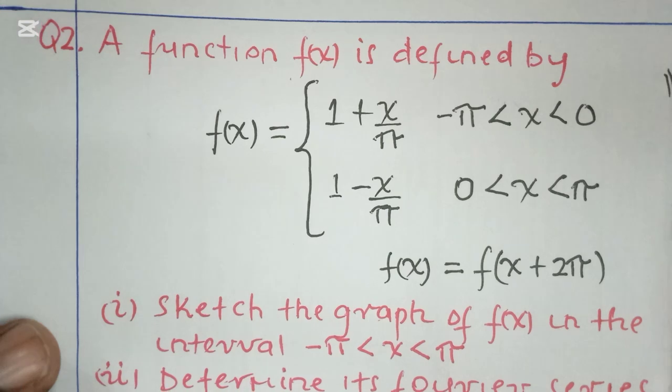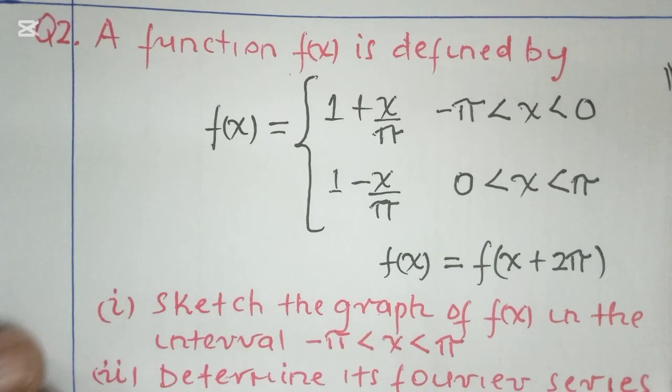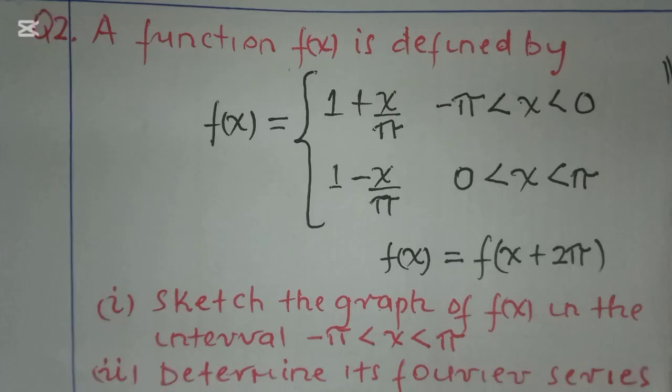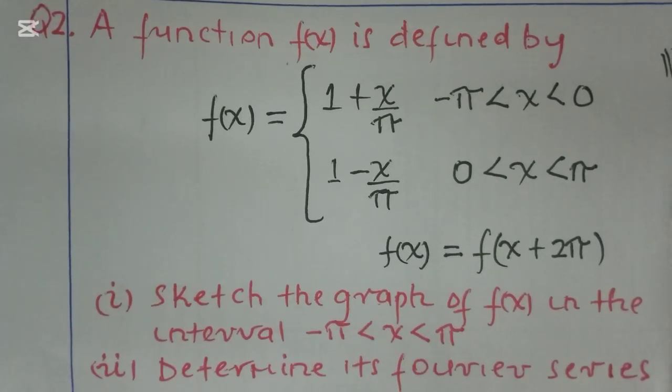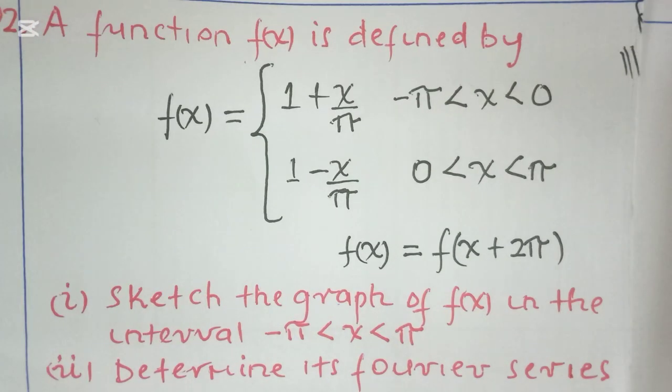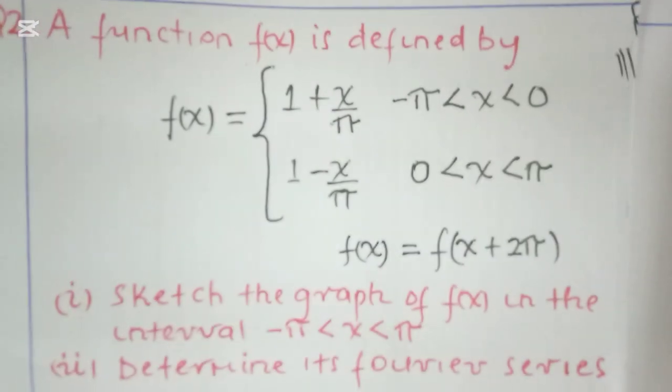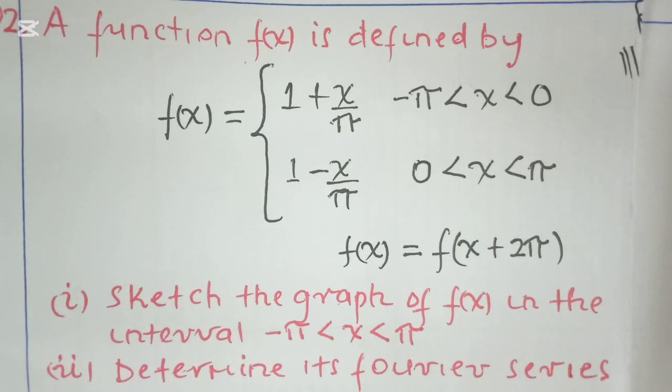Guys, let's attempt this question now. This question is on Fourier series, and first of all, read it. The question states: a function f(x) is defined by f(x) equals 1 plus x all over pi, with limits negative pi and 0, and then 1 minus x all over pi, with limits 0 and pi.